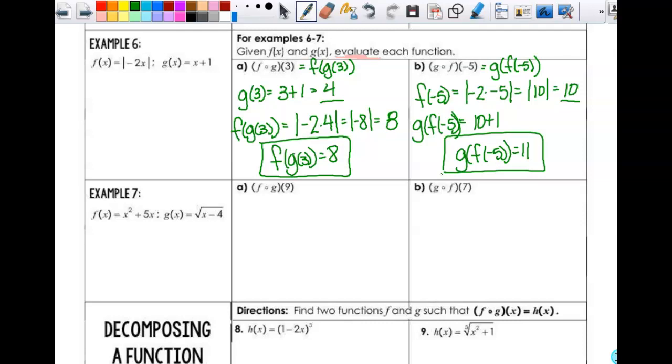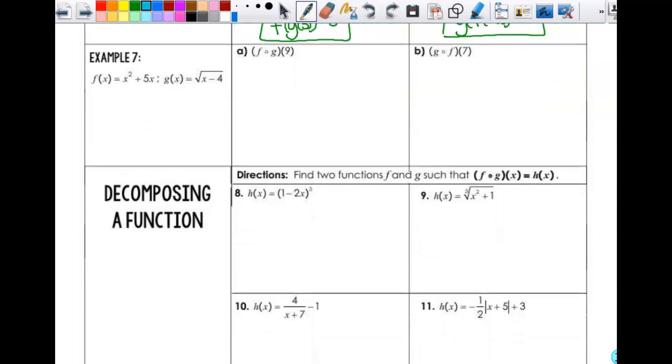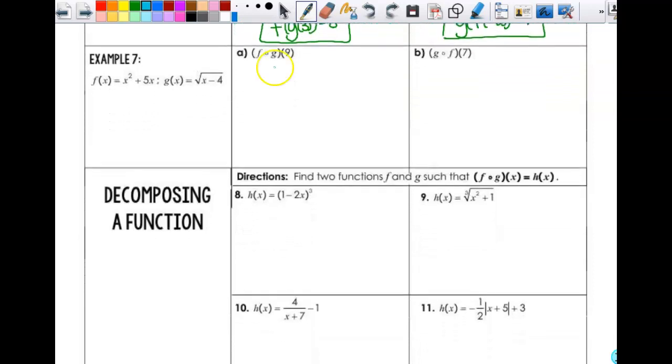All right, we're going to do 7a together because I want to talk about square roots again on part of this. So f of g of 9. So we're going to do g of 9. That is equal to the square root of 9 minus 4, which is the square root of 5.